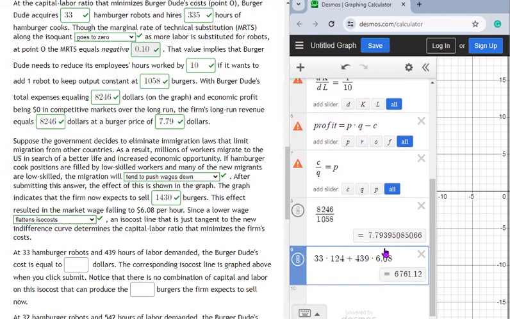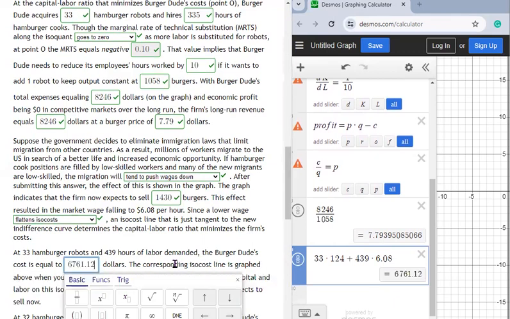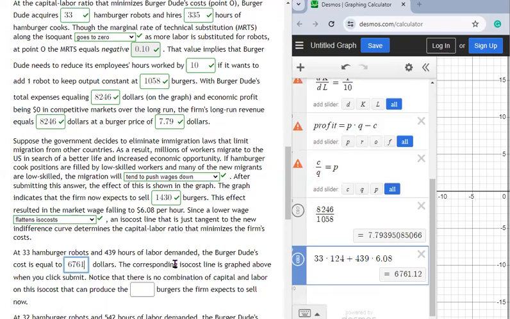So Burger Dude's cost is equal to what now? To 0 decimal places, it is equal to $6,761, right?